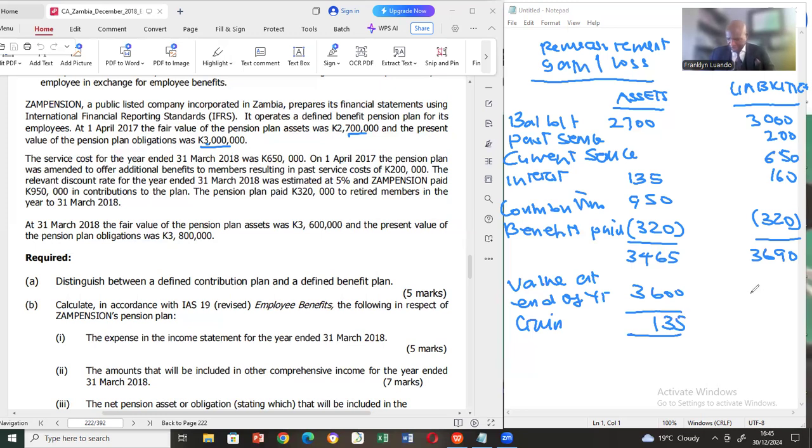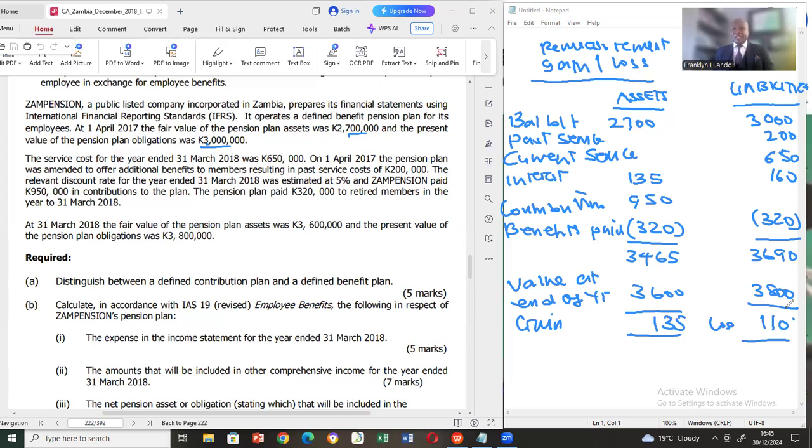The liability at the year end was 38. The liability has increased. That is a loss. A loss of 110. So that's how you measure the remeasurement gains and losses.